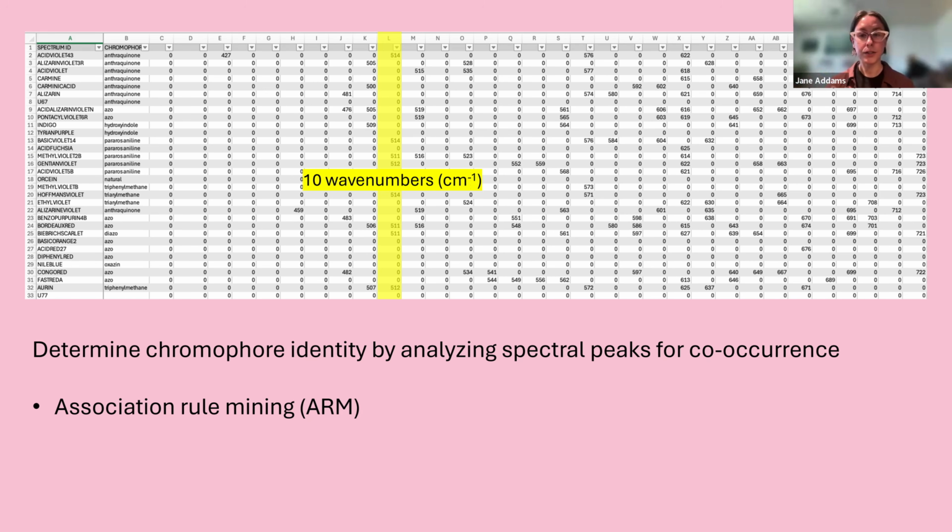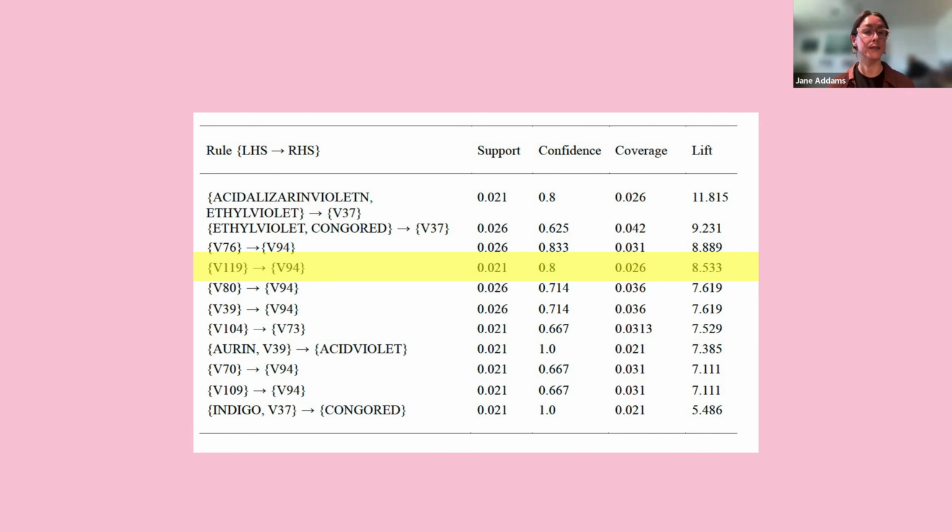This analysis essentially generates rules, so how often things show up together based on how many times they appear together in the data set. In this case, it's how often they share peaks. And this was able to group things based on similarity for me. So this is what a rule looks like.